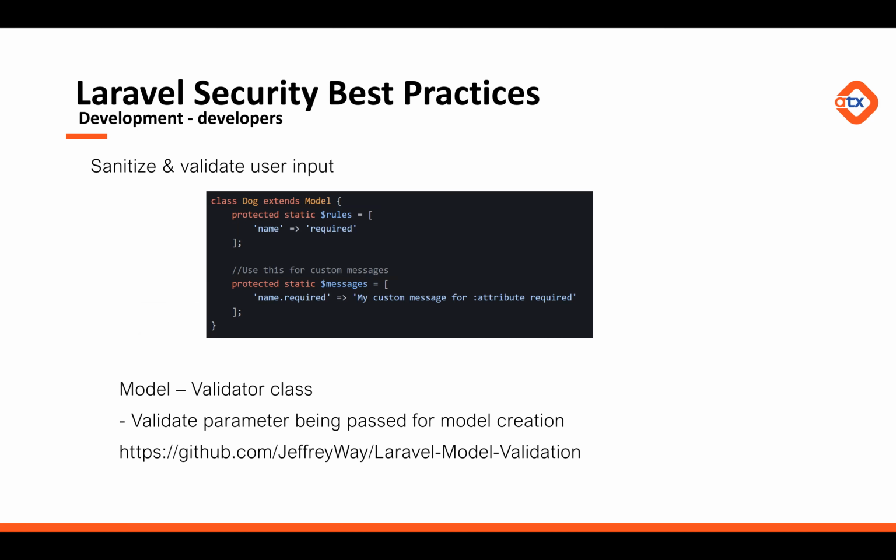It is to protect and minimize errors, meaning we can use a Laravel model validation library. It's a pretty nice library with similar parameters as the validation. What it does is sanitize before it saves the data into the database.